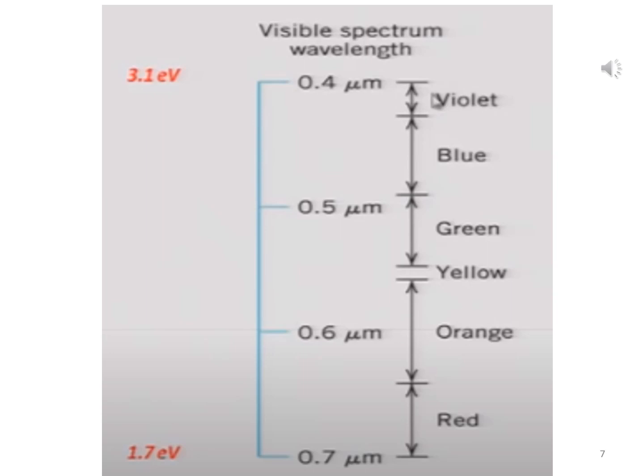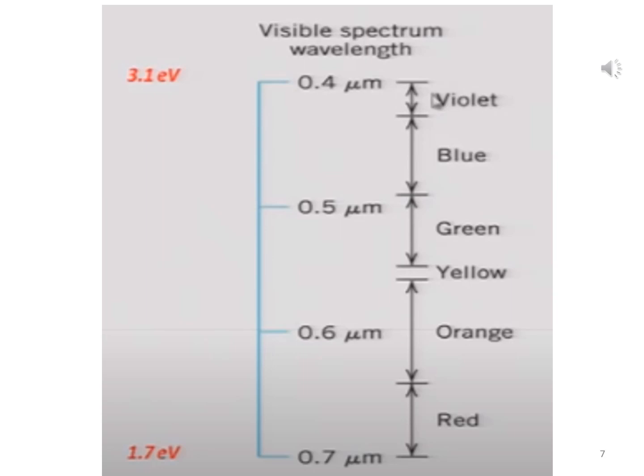So different wavelengths have different colors, and the wavelength range of the visible region of the spectrum is from 400 to around 700 nanometers, which is about 0.4 to 0.7 micron.